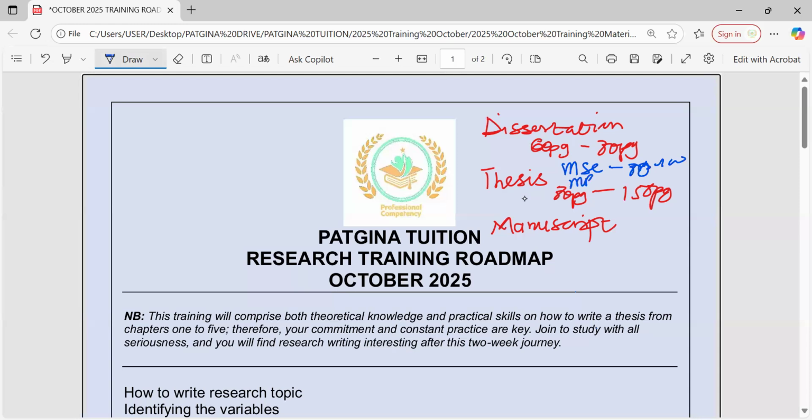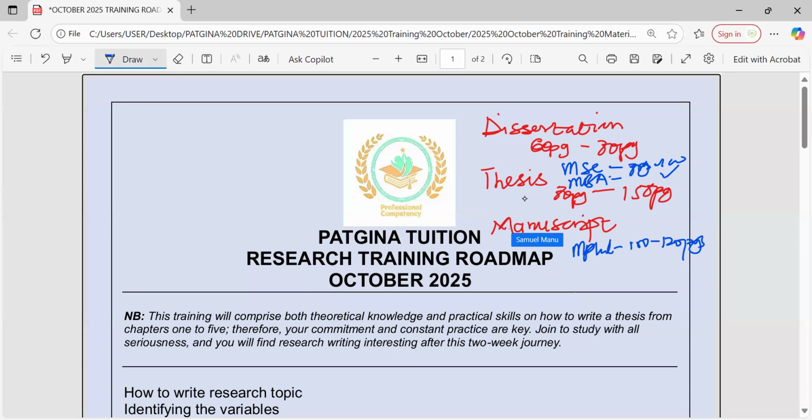If you are writing MBA, you are an MBA student and you are writing thesis, you can also go by the same range. For MPhil, those who are doing MPhil, you should have at least 100 to 120 pages.